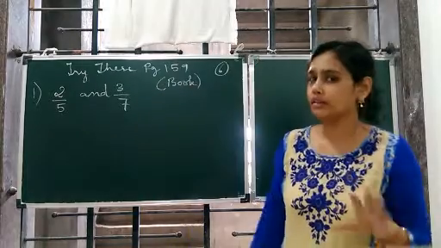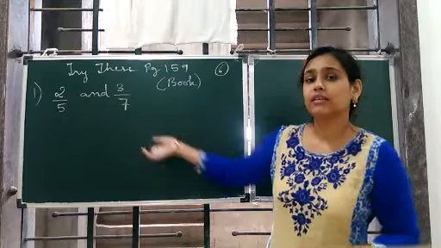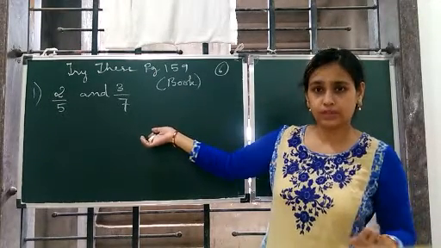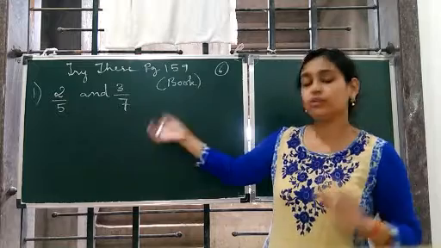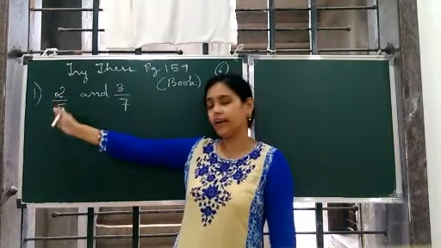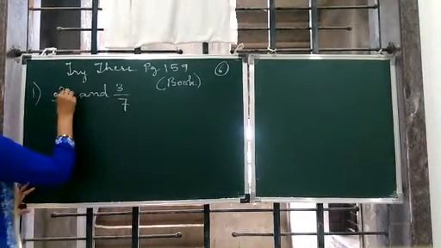That means this method, multiplying with a common number to make the denominator the same, is not possible. So now what do we do? We interchange and multiply. That means 7 multiplies this side and 5 multiplies this side. We do it here only.